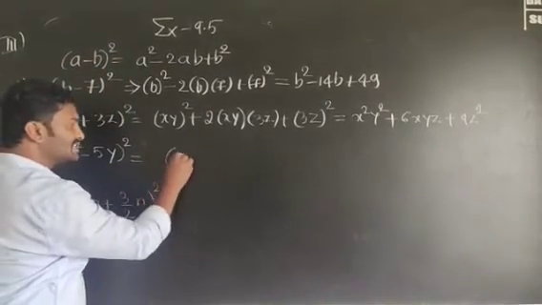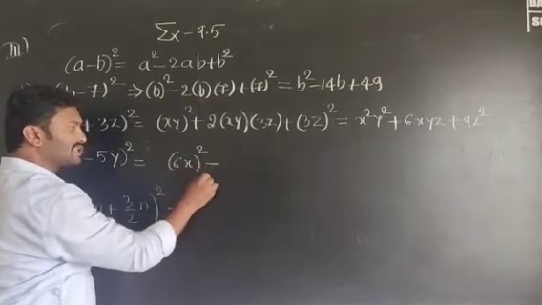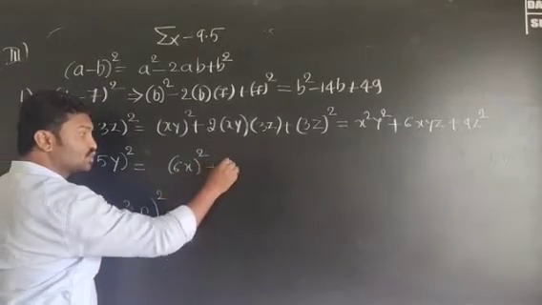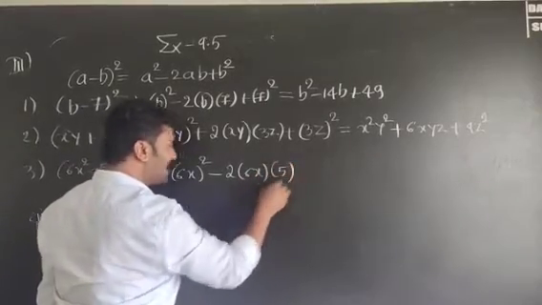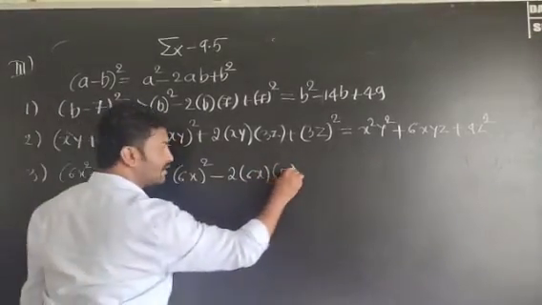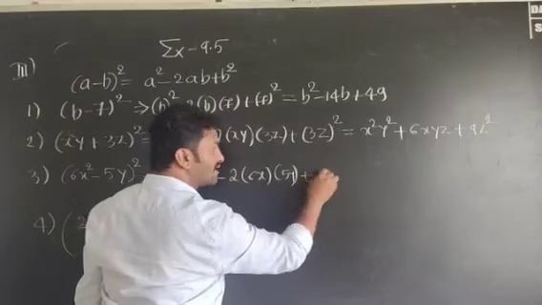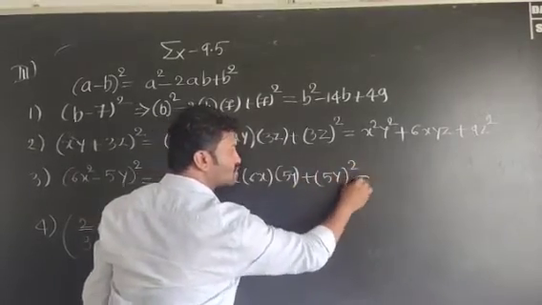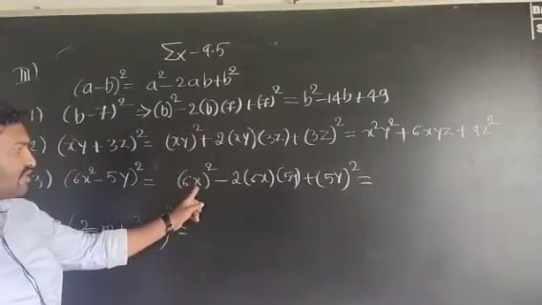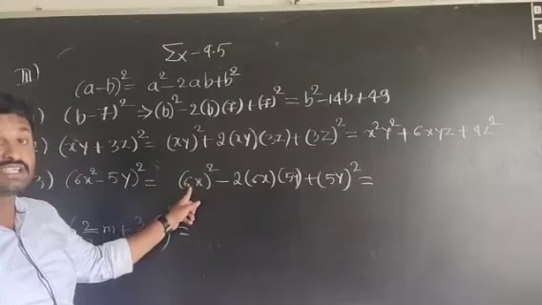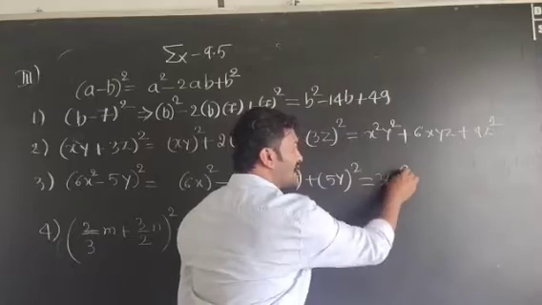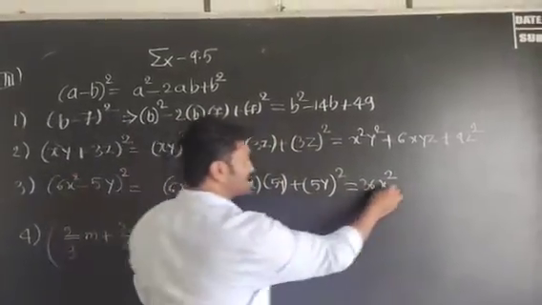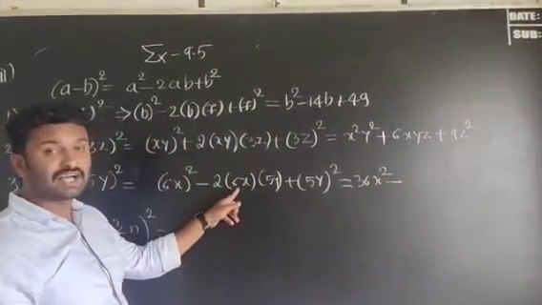a value is 6x², a² − 2ab + b², b value is 5y, so (5y) whole square.